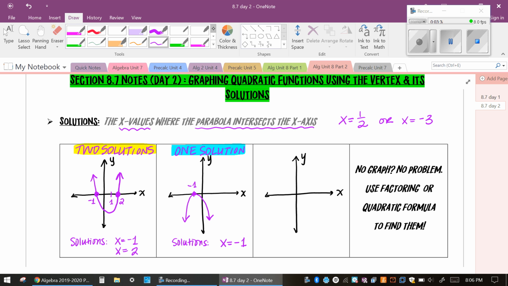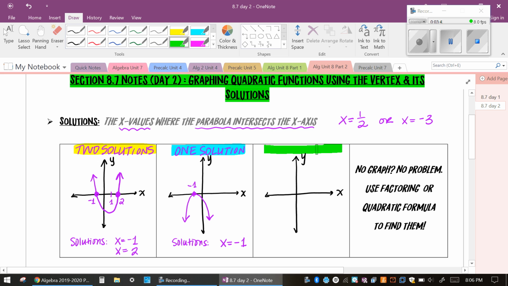The third thing that can happen when you graph a parabola is that it has no solution, no real solution. Now, no real solution means that it does not touch the x-axis.